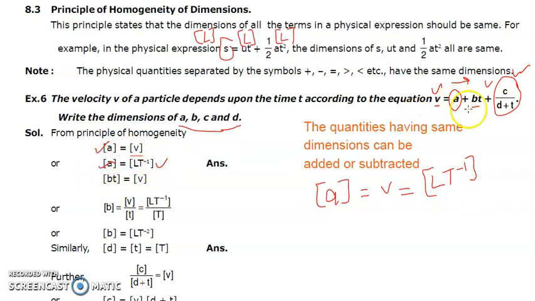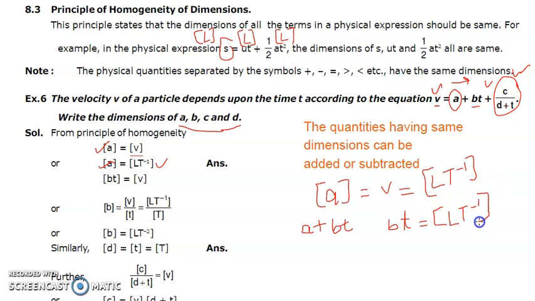Now, the principle of homogeneity states that the quantities having same type of dimensions can be added or subtracted. As we can clearly see in the equation, a has been added to bt, so bt should also have the dimensions for velocity. So b into t should have the dimensions LT minus 1.